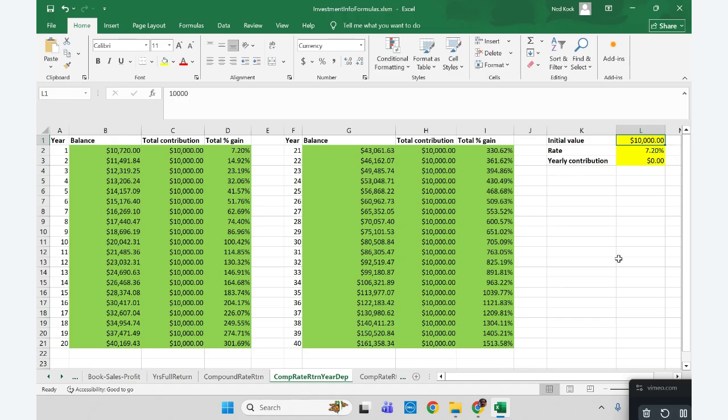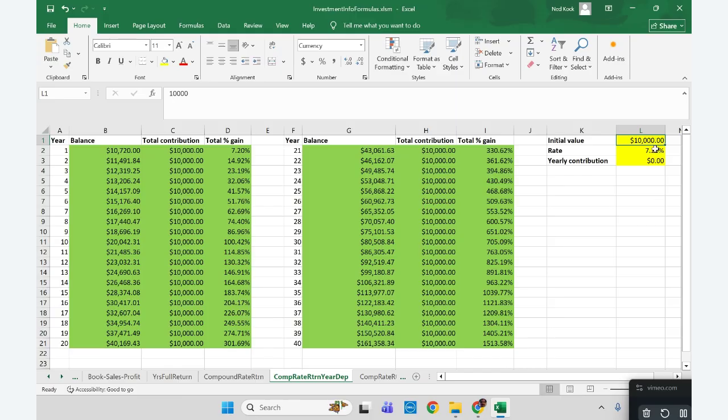7.2%. So if you were to invest $10,000, you would have at year 10 double that amount. And at year 20, you would have double what you had in year 10. That is the interesting thing about compounding.